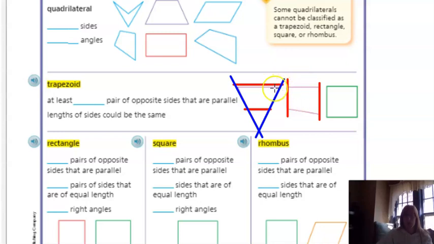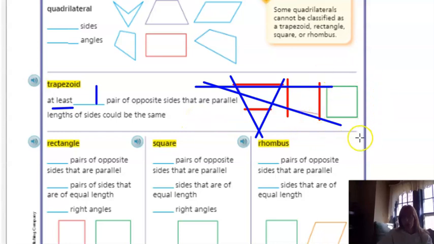All right, so let's keep going here. Here's my other trapezoid. If I extend these ones out, you can see they cross over. They have to have at least one pair of opposite sides that are parallel. You see these have 2, but it says at least one pair of opposite sides that are parallel.